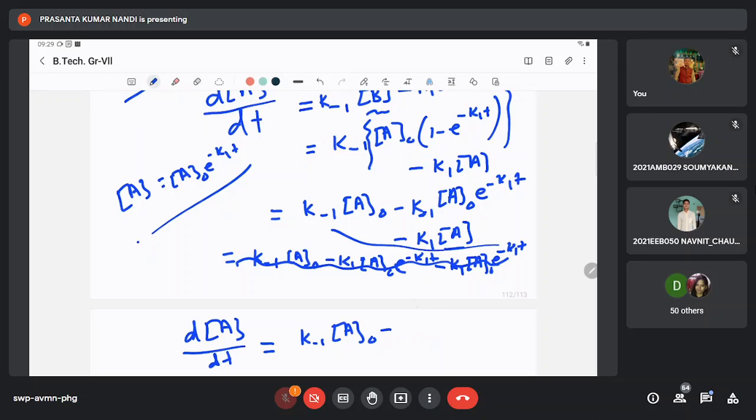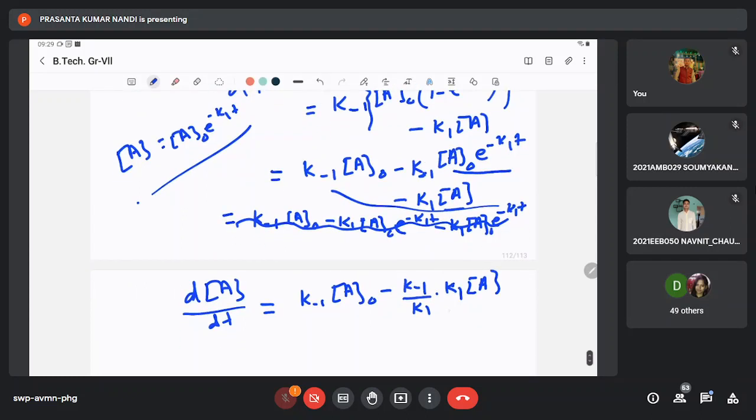Just k minus 1 by k1 into k1 A zero, into this is equal to, you can write simply a, and minus k1 a.